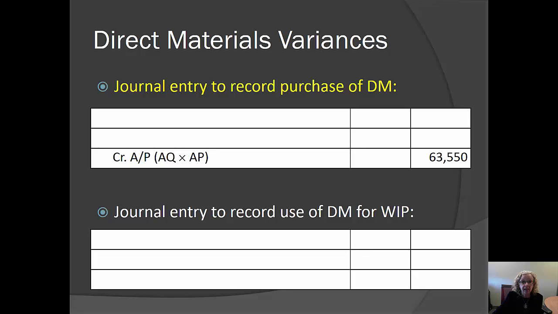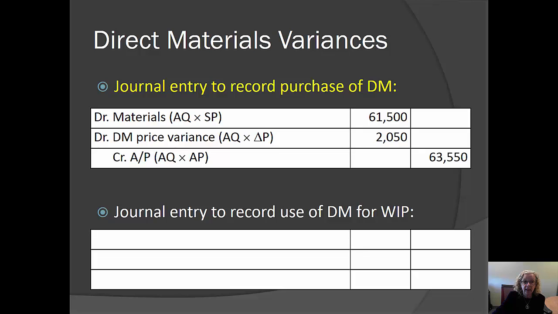That information was given. But we're going to put that material into our materials inventory at the actual quantity that we bought, but the standard price. The difference between these two is that unfavorable materials price variance.